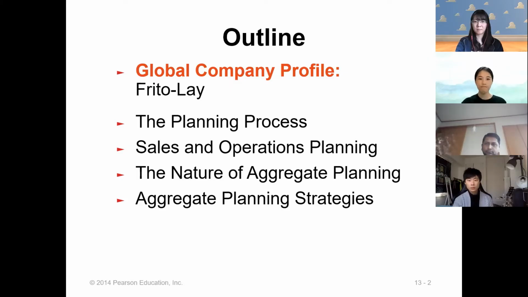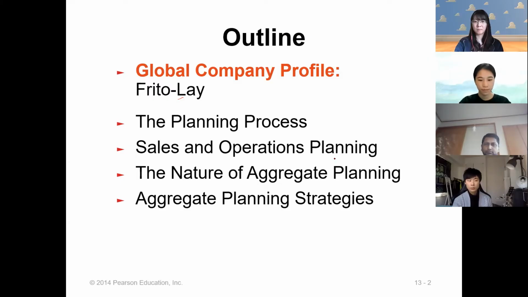How are you going to break it down into monthly numbers? So that's why it's called aggregate. Aggregate means overall. So it gives the example of Frito-Lay, which is a food manufacturer in the US. I will go through that after this.